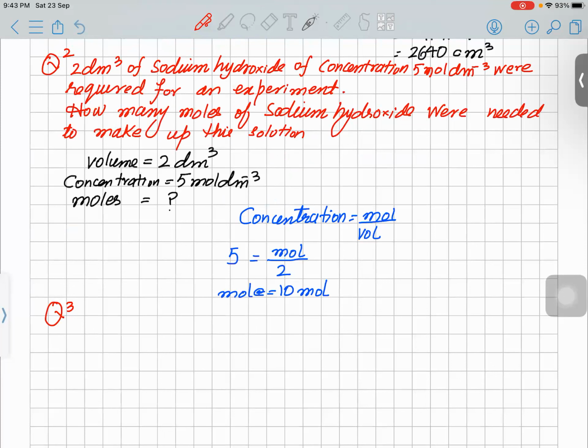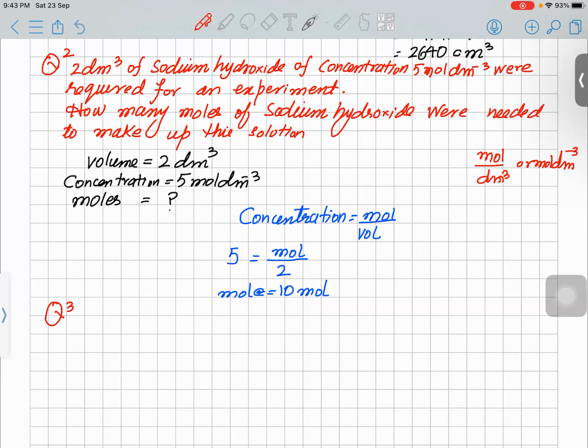It means mole per dm cube. The unit of concentration is mole per dm cube, so we can write it as mole dm to the power of minus 3. It is a unit of concentration. Okay, yes, sir, I got it.